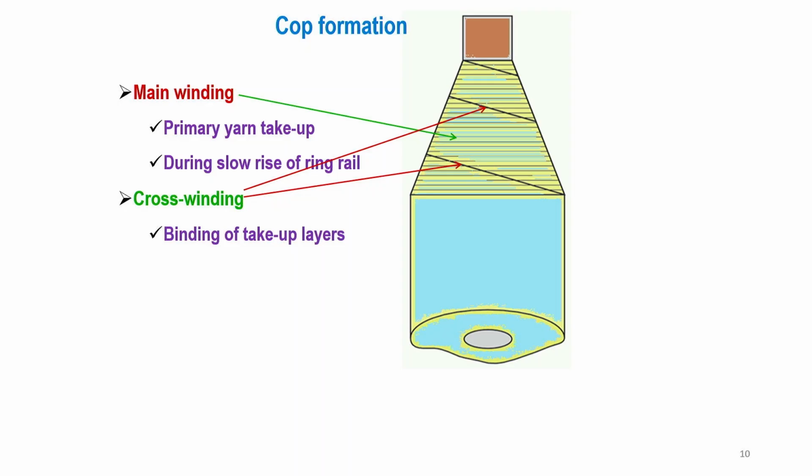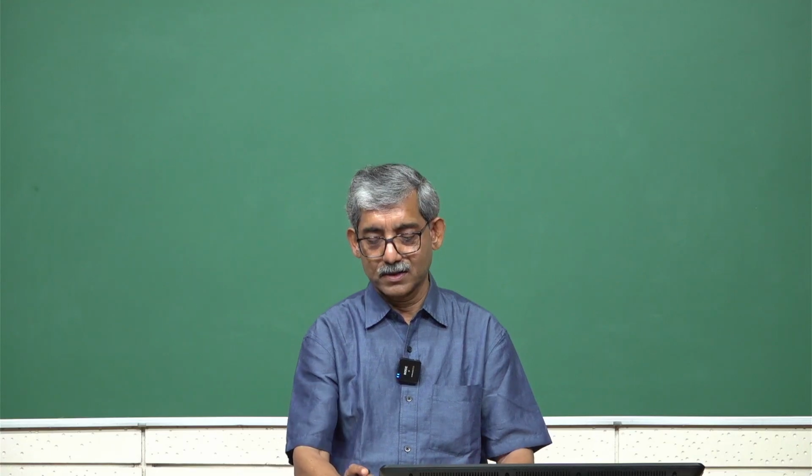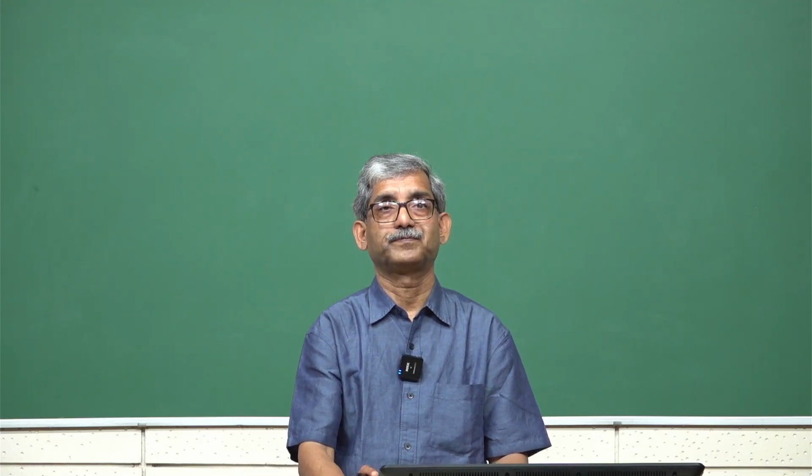The main layer is bound by this cross winding during rapid descent of the ring rail. And what happens? It isolates itself from the main winding layer. If the angles for both main winding and cross winding are the same, they are not isolated. So, as I have mentioned, yarn sloughing off may take place.